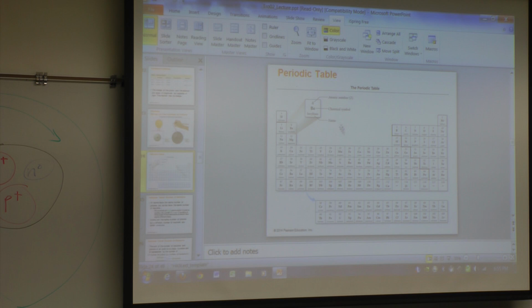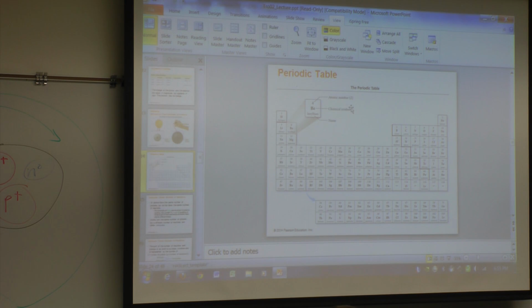And if you look at our periodic table here, the way it's arranged in our slide, Be for beryllium is number 4. As an atomic number of 4, that means there are 4 protons. So the atomic number corresponds to the number of protons.